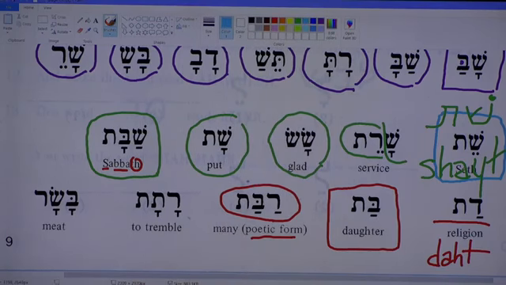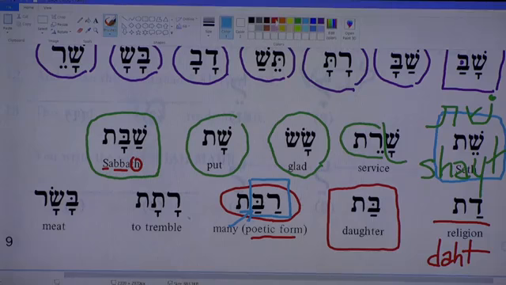So drop all of the voweling, including the dot, and you got Rav, resh, vet. The difference between a vet and a bet is that dot. Rav, so many, okay, many, and then we just got that tav there at the end.